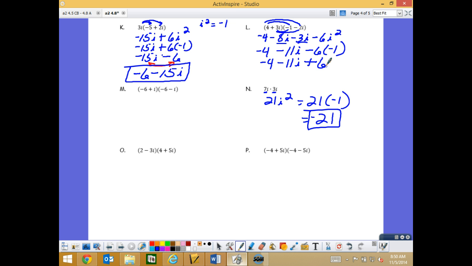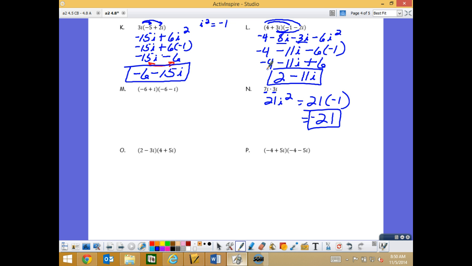And what that results in is another set of like terms we can combine. The negative 4 plus 6 is 2, minus 11i. Again, our result is a complex number with a real part of 2 and an imaginary part of negative 11.